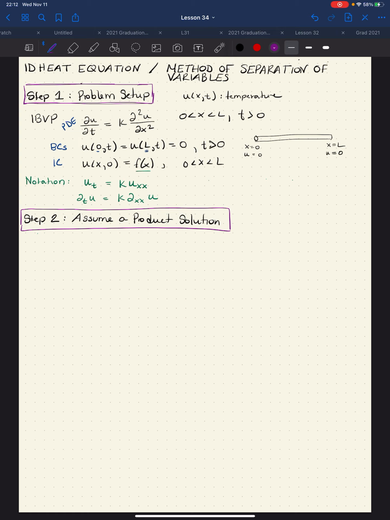And what I'm going to walk you through is really what we do once we decide that we can assume a product solution. As you saw in the reading, some of you might be confused or wondering why we can say that u of x,t can be written as the product of a function of x and a function of time.